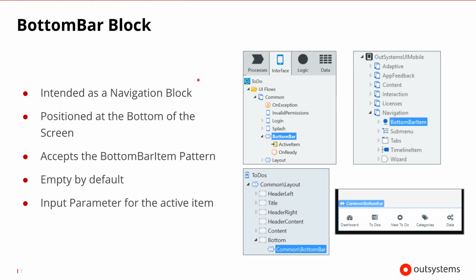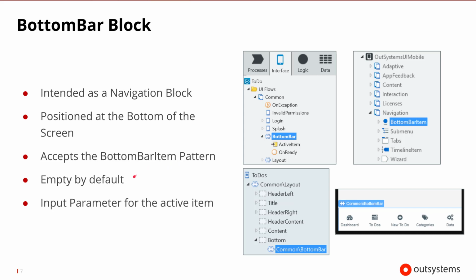Now, the menu is obviously up at the top of the overall layout. The bottom bar block is all the way at the bottom. And the bottom bar block is similar to the menu block in that the menu can help us navigate. The bottom bar block is also meant as a navigation device. So it's positioned at the bottom of the screen, and we can place bottom bar items, which are one of our UI patterns, inside of the bottom bar block to go ahead and implement some of that navigation.